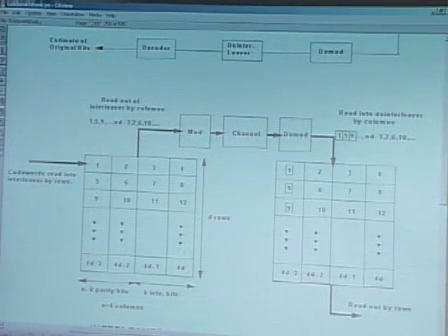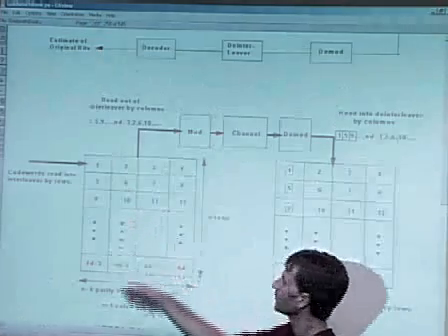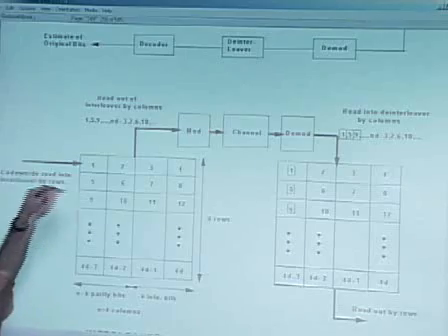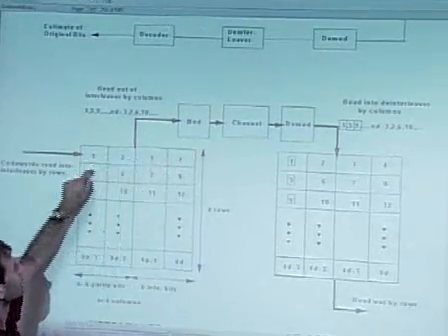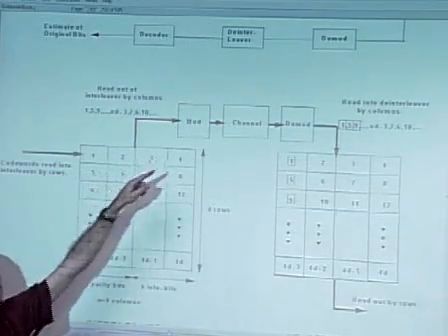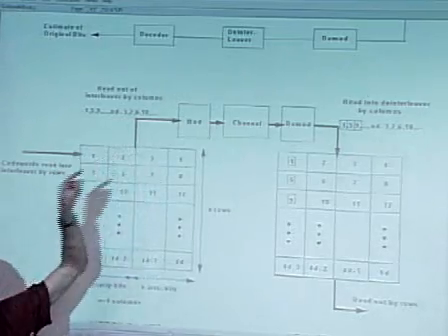So what you do is the following. It's essentially a bunch of registers, just a bunch of memory. You take your code words coming in, and you read them into the interleaver by rows. And then you read them out into the modulator by columns. Then you send that stuff on the channel.